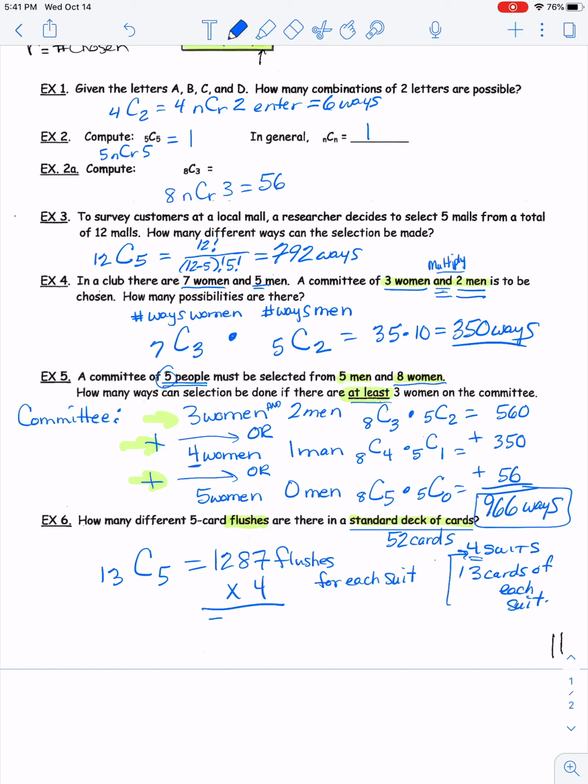So in the end, there are 5,148 flushes in a deck of cards. So I'm going to say that equals the number of 5-card flushes in a deck of cards.